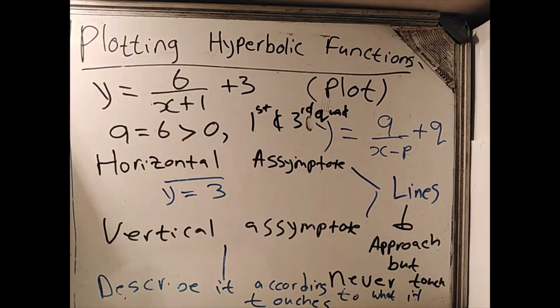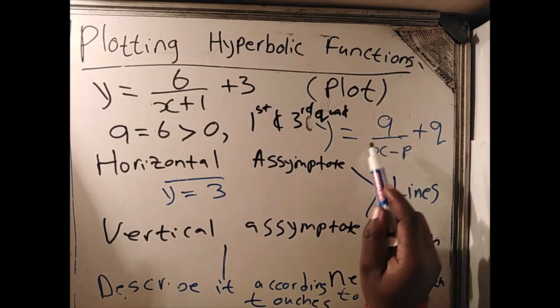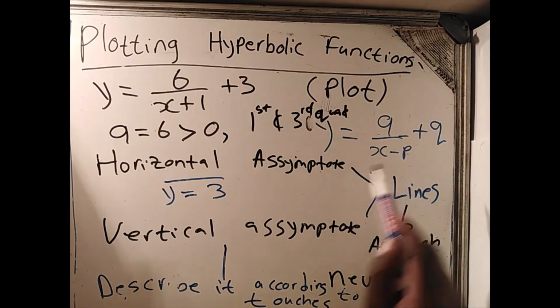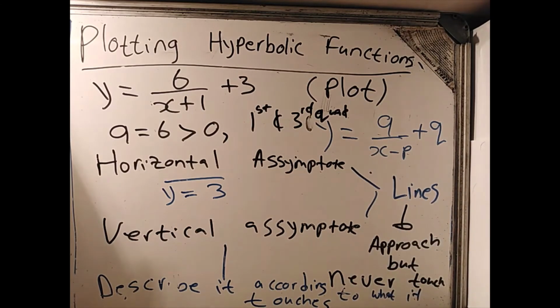Now what about the vertical asymptote? When you want the vertical asymptote, guys, you must literally take what is here, equate it to 0, and then solve for x, and then you will get the vertical asymptote. Now let us try that and see if it works.